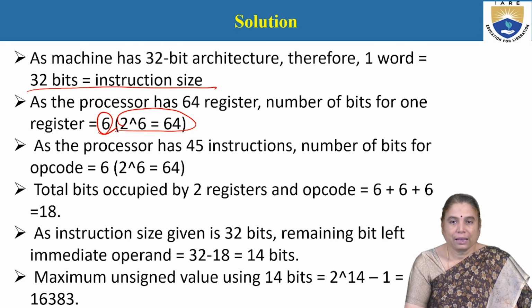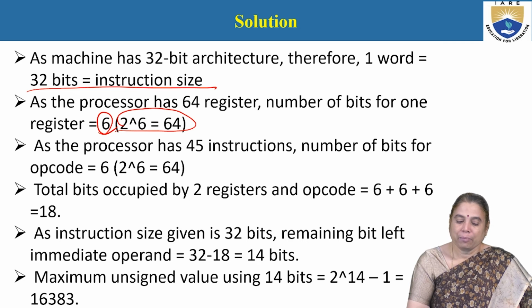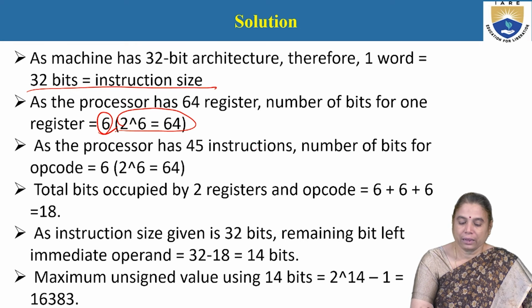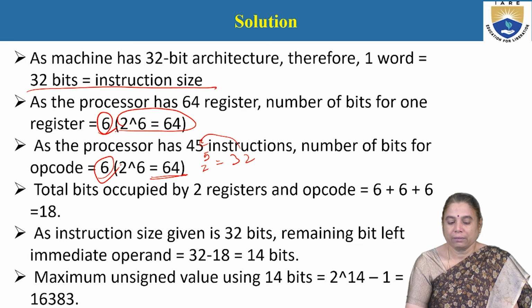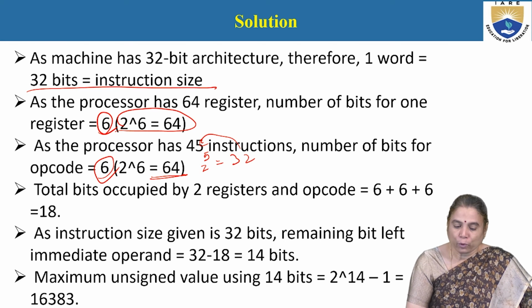As the processor has 45 instructions, for the number of bits required for the opcode, 2 power 6 is 64 and 2 power 5 is 32, which is less than 45. So we have to take 6 bits to represent this in the opcode.